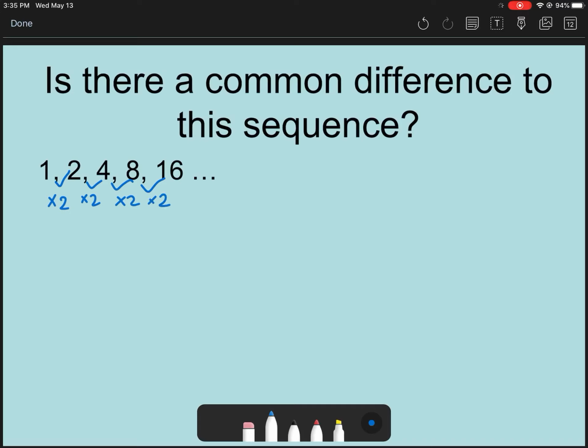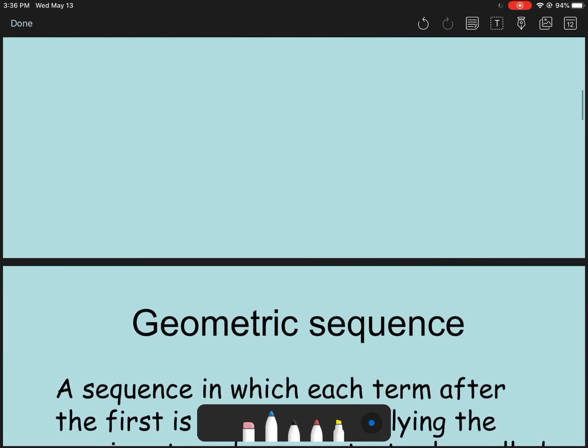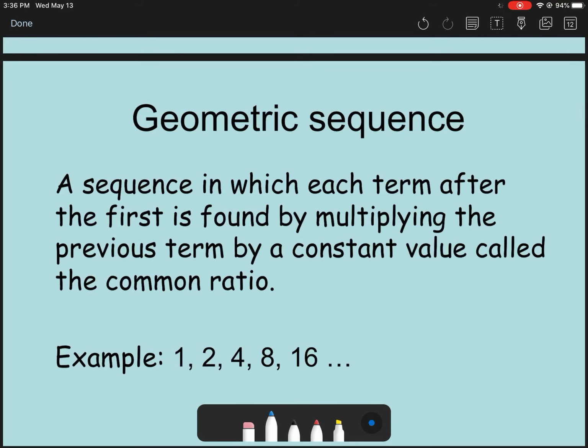So here, instead of adding, we are multiplying. So we don't have a common difference, but we do have a common ratio of 2. When we have a common ratio as opposed to a common difference, that's called a geometric sequence.